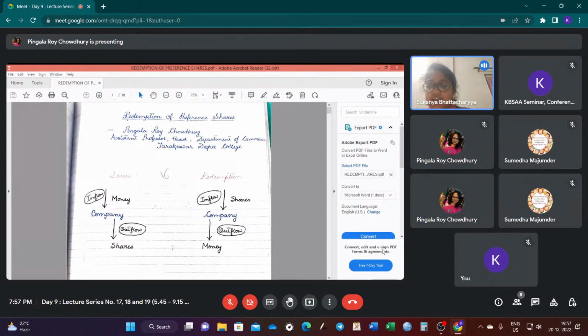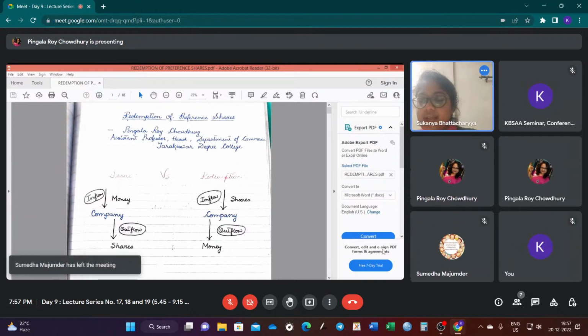She presented a paper in the National Conference on Contemporary Issues in Accounting and Finance organized by the Indian Accounting Association Research Foundation. She served as an external examiner of St. Xavier's College UG department, and she is also pursuing her doctoral work from the University of Calcutta. Over to you, ma'am.